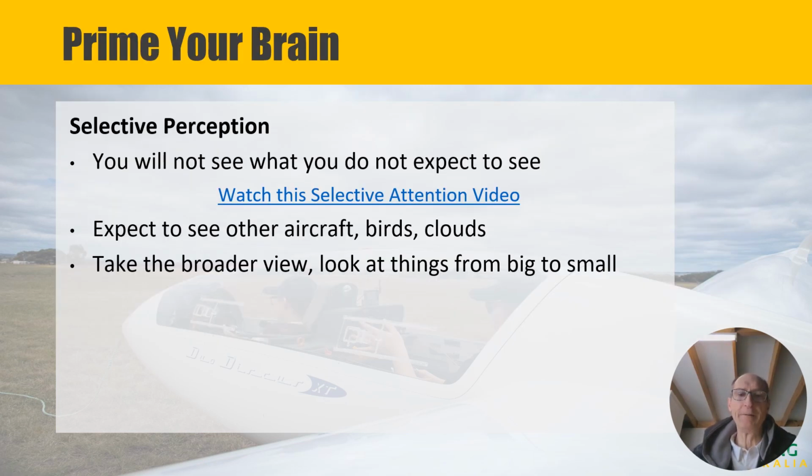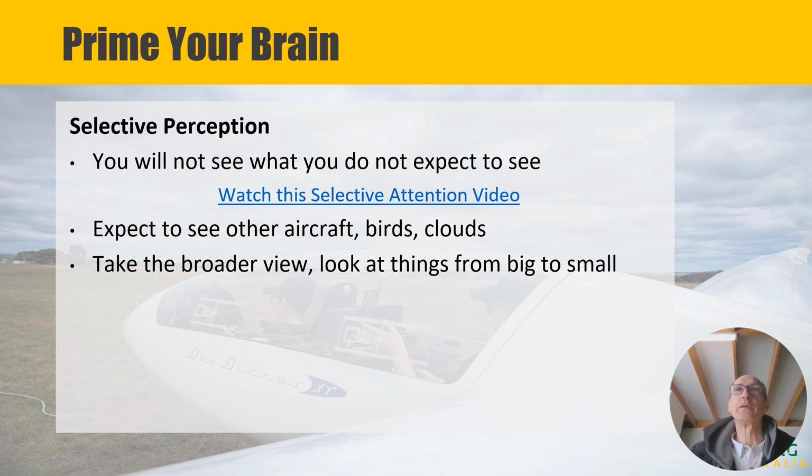So you prime your brain in order to expect to see what you otherwise would not see. So expect to see aircraft, birds, clouds, and take a broader view. Look at things big and focus down to things that are small.